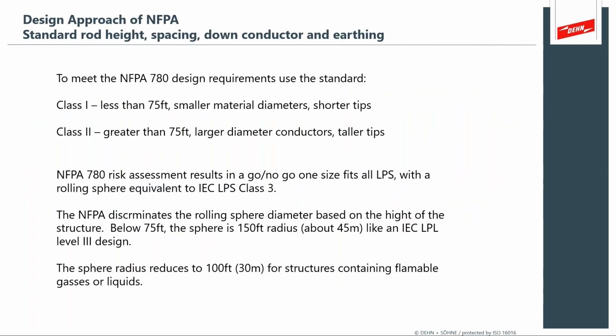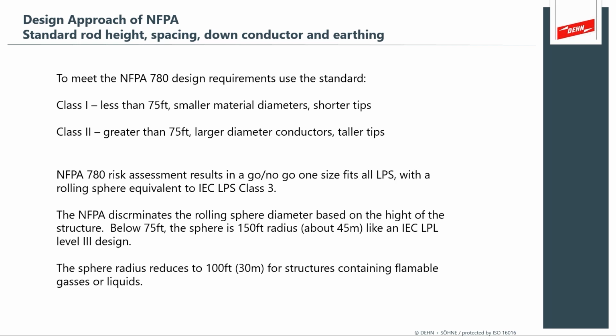So the design approach from NFPA basically recognizes that there are objects less than 75 feet, a class that's considered Class 1, and there are materials that are less expensive, less robust, with smaller diameters and shorter tips. The larger structures, greater than 75 feet, have larger diameter conductors and taller tips.